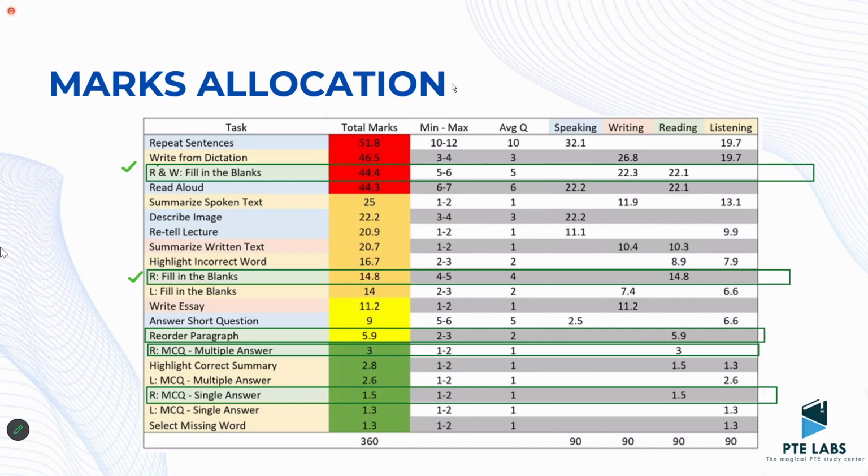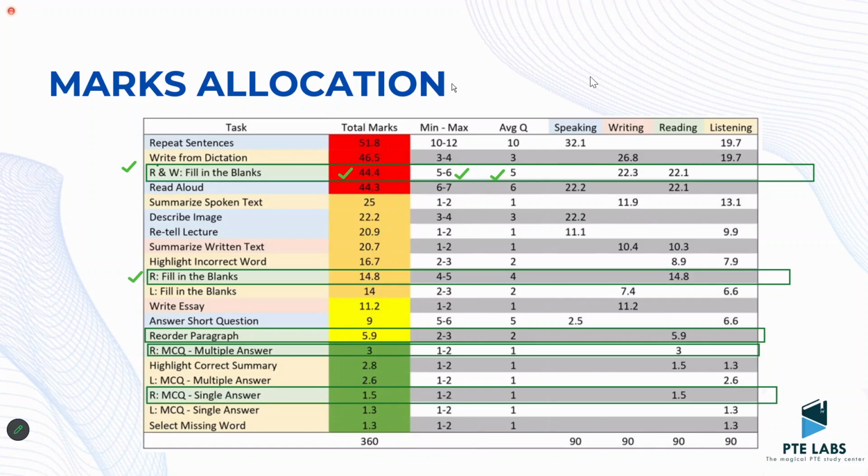Talking about reading and writing, fill in the blanks, the total will be 44.4. Normally you will have 5 questions, but sometimes, rarely, you can have room for a 6th question as well. The maximum number of questions you will get is 6, not more than that. The compulsory amount is 5. Now, in PTE, there's something called cross marking. I'm sure you already know what it is.